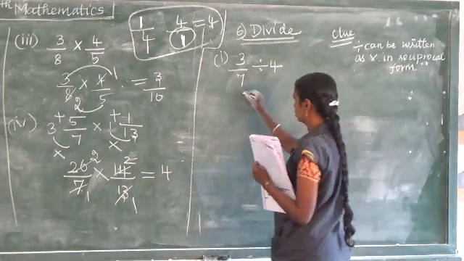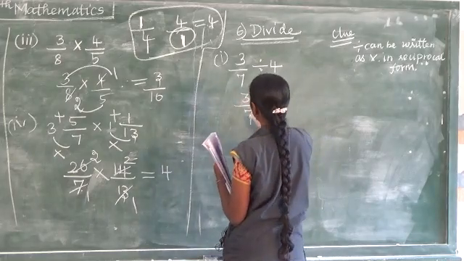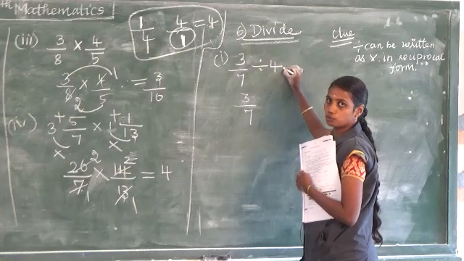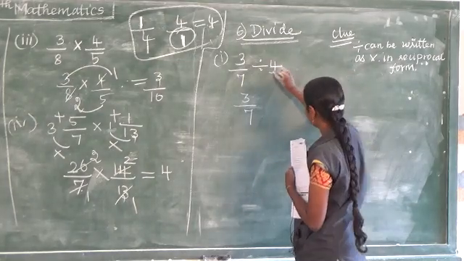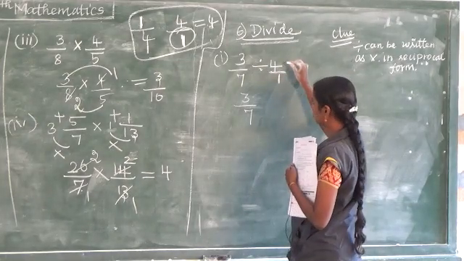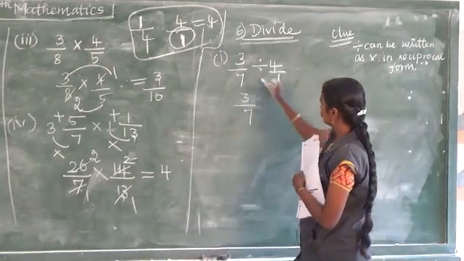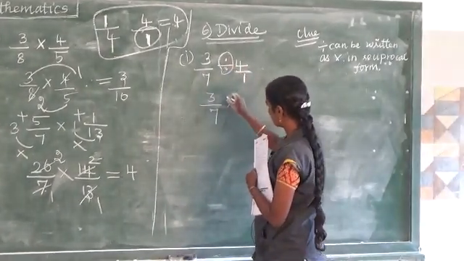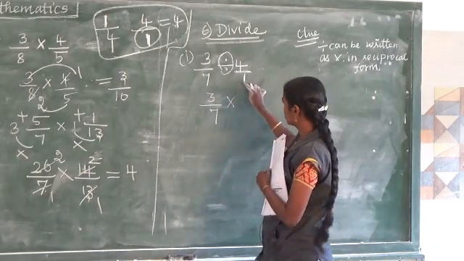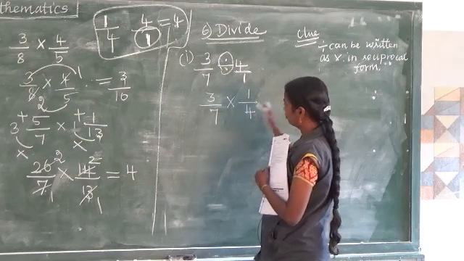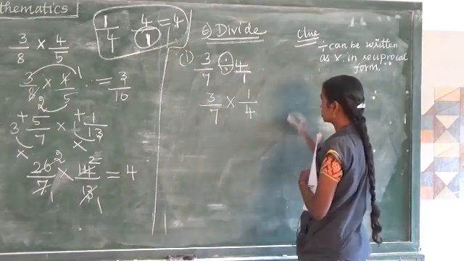So now the 3 by 7, here you can see what is the reciprocal of 4. Write the denominator as 1, and reciprocal means changing numerator and denominator. So this division I am changing as multiplication. This denominator will go to the numerator, numerator will go to the denominator. That is called reciprocal.